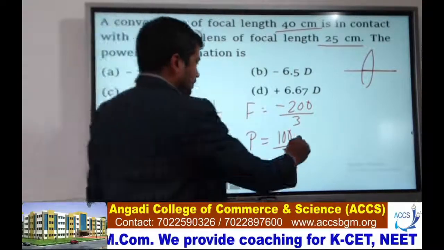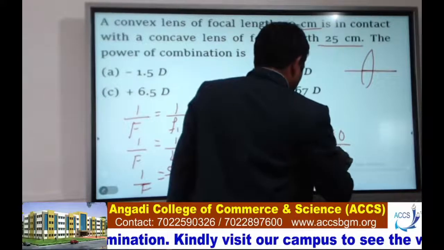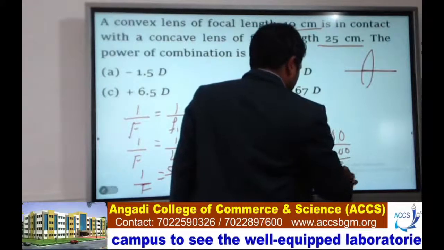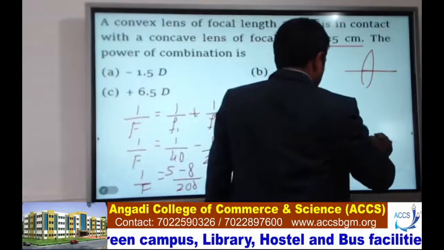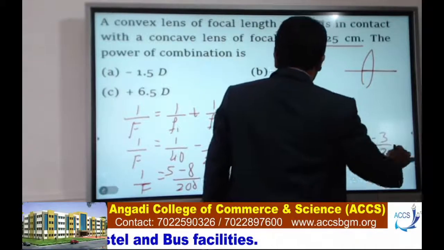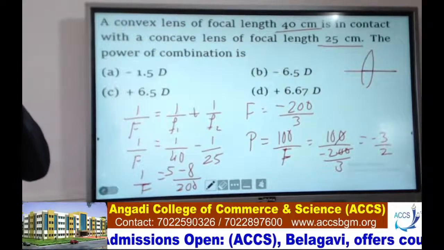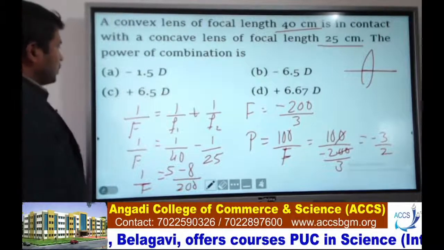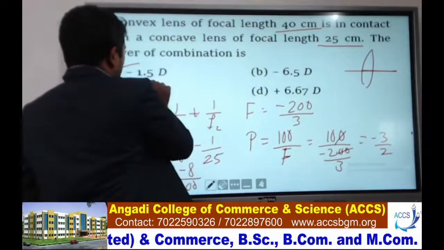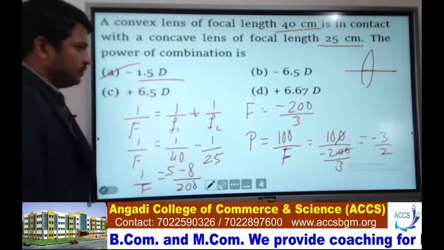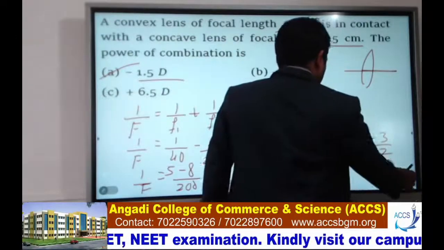Now 100 divided by minus 200 by 3, the zeros cancel, that is minus 3 by 2. Just divide this, and we get minus 1.5 diopter.